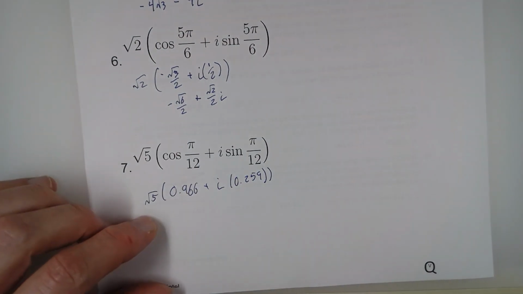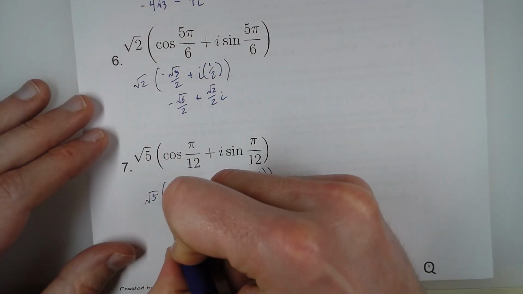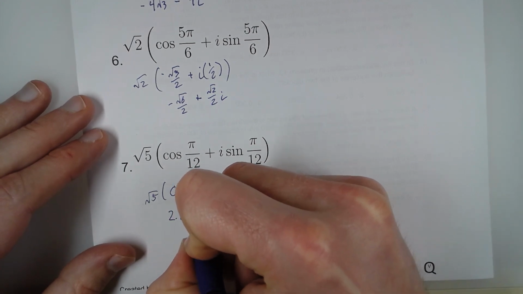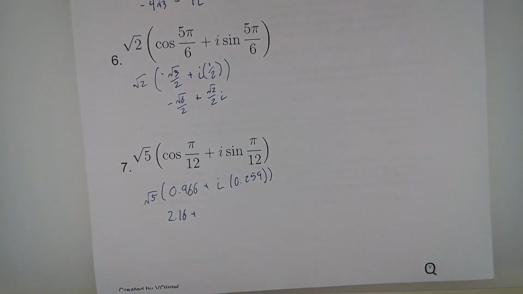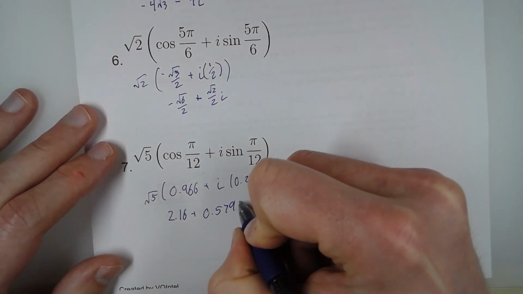And now we're going to multiply in square root of 5. So 0.966 times square root of 5 is 2.16. And then we multiply square root of 5 times 0.259, and that is 0.579i.